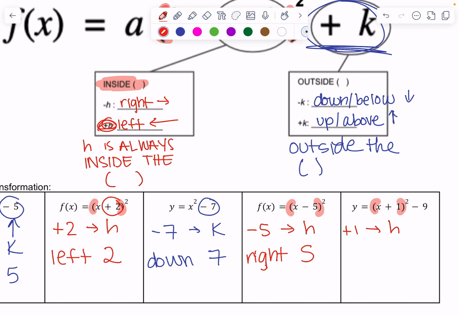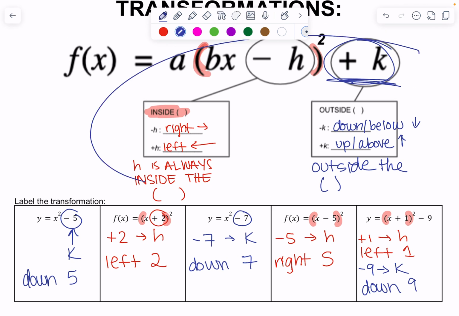I know I'm looking for positive. That's left 1. And then I have to look at my negative 9, which is my K. If I'm looking at negative, it means it goes down 9. So really, if you know how to read this, you should be able to do well today.